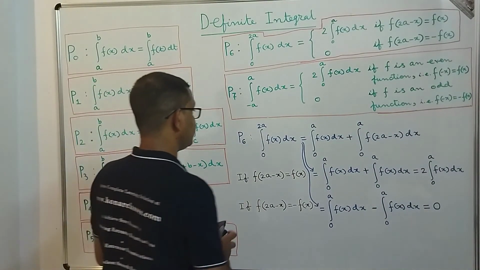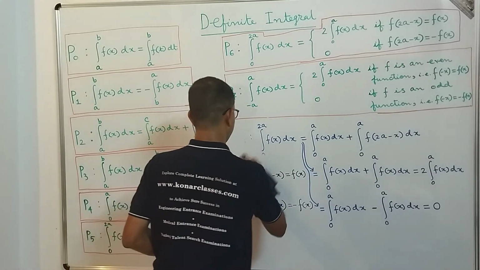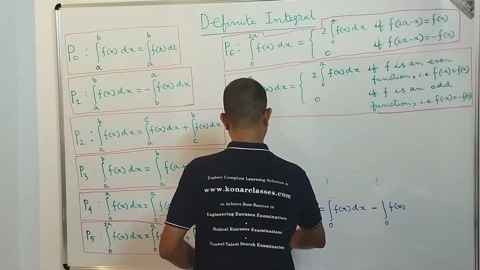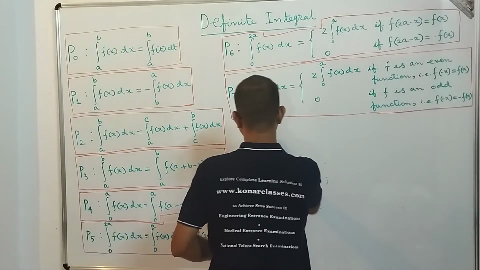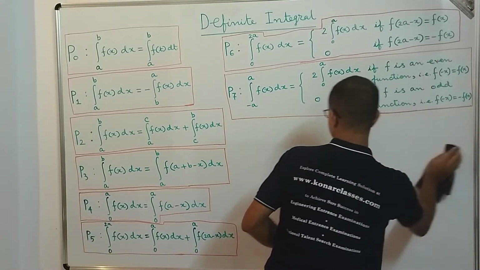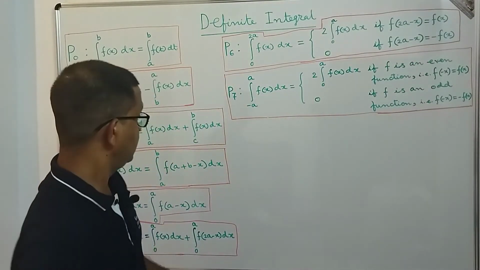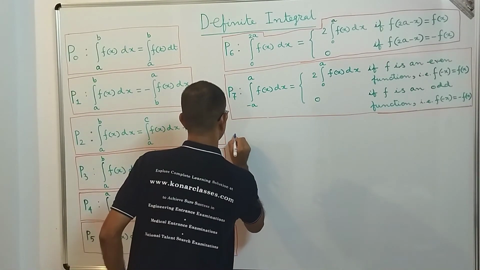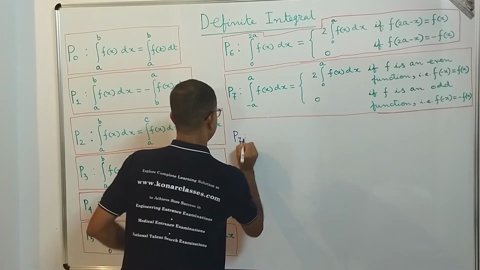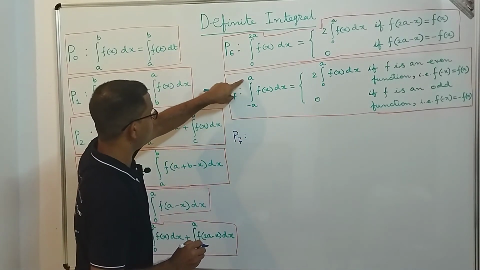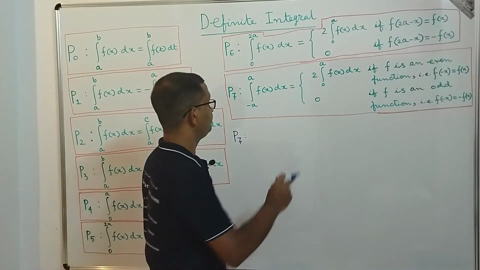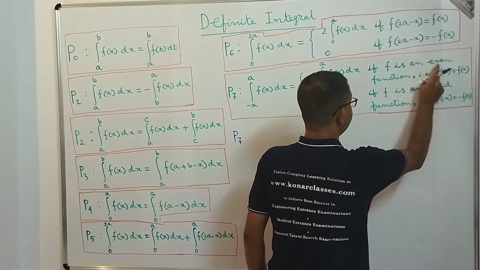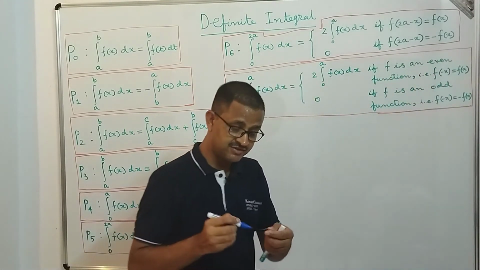Now dear students, let's concentrate on property P7. So what is property P7? Property P7 says that integration from minus a to a f(x) dx is equal to 2 times integration 0 to a f(x) dx if f is an even function, that is f of minus x equals f(x).